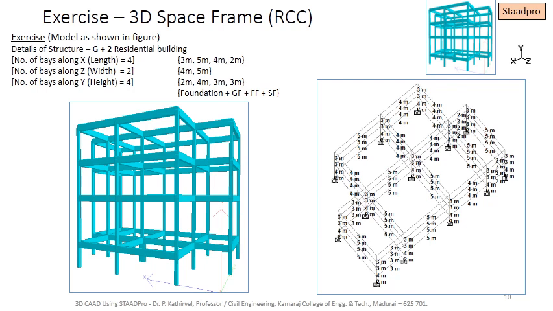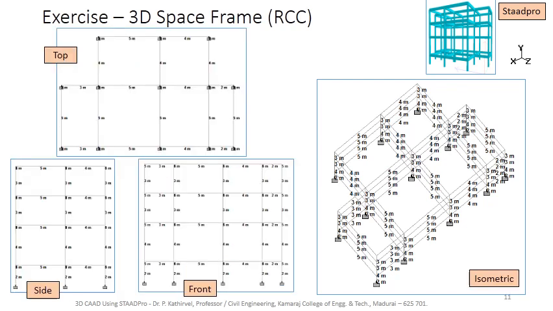The dimensions are shown in the isometric view of the structure, and the three-dimensional rendered view of the frame is also shown. This slide shows the views of the structure in the top, side and front directions, also in the isometric view.